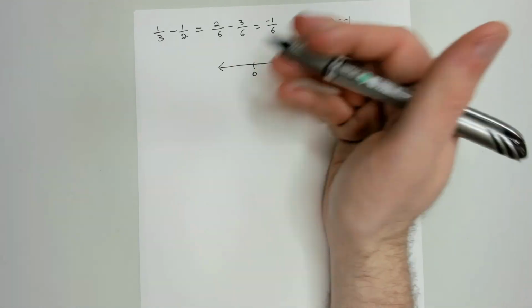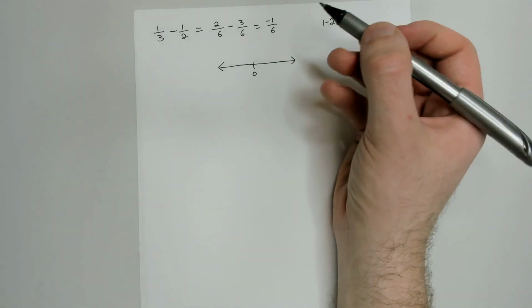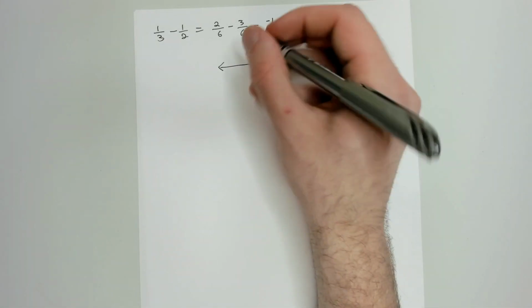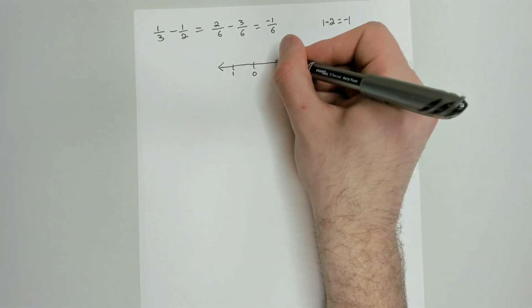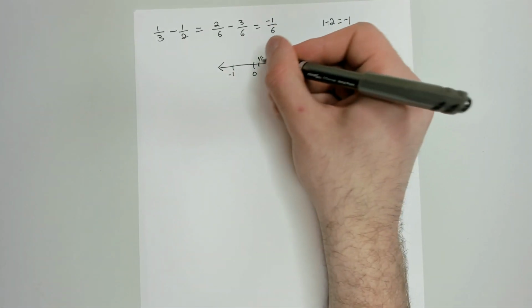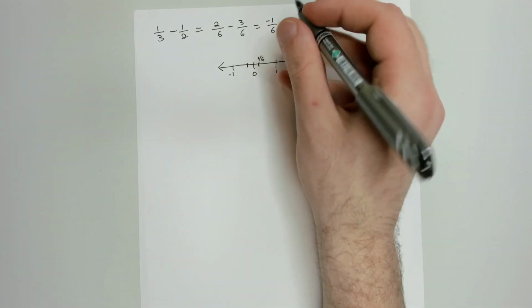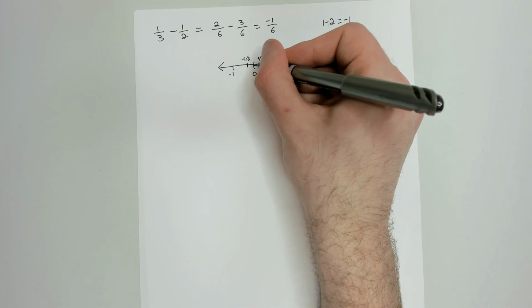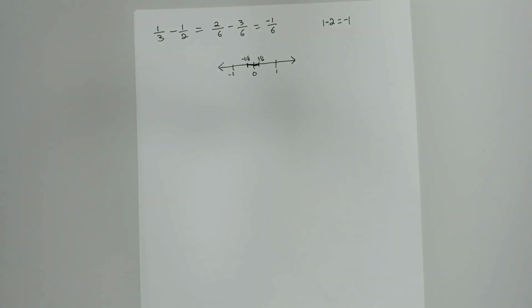We kind of discussed that in our perspectives of negatives, that a negative is just kind of the same size, it's just in a different direction. So if 1/6 is right here, between 0 and 1, -1/6 will be the symmetrical version of that, just in the opposite direction. So the same distance from 0, it's just going the other way.